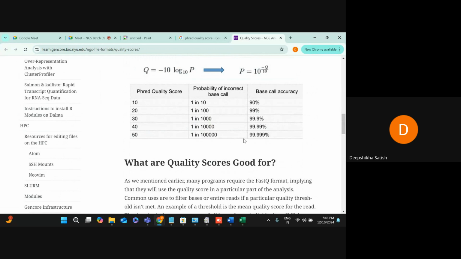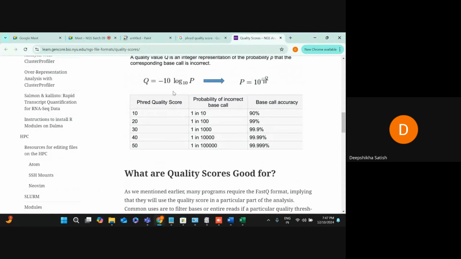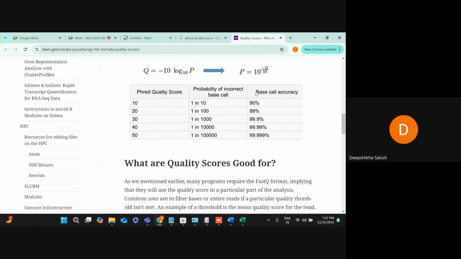Can you see this table? On the first column there is the Phred quality score, then the probability of an incorrect base call and the base call accuracy. For example, we have the Phred quality score of 10 here.